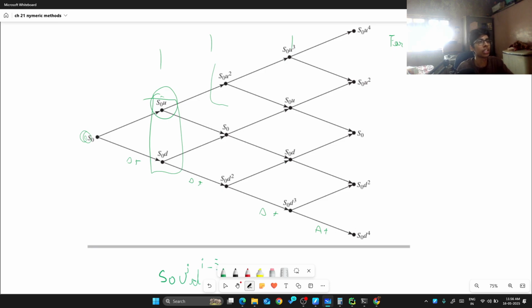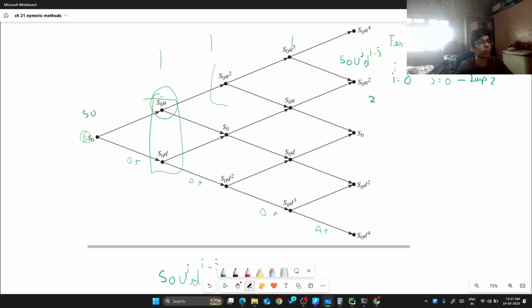So in this way, if i equal to 0, and our formula is S0 u^j d^(i-j). Let's say if i equal to 0, then j is also 0, and our value would be S0. One loop is completed.